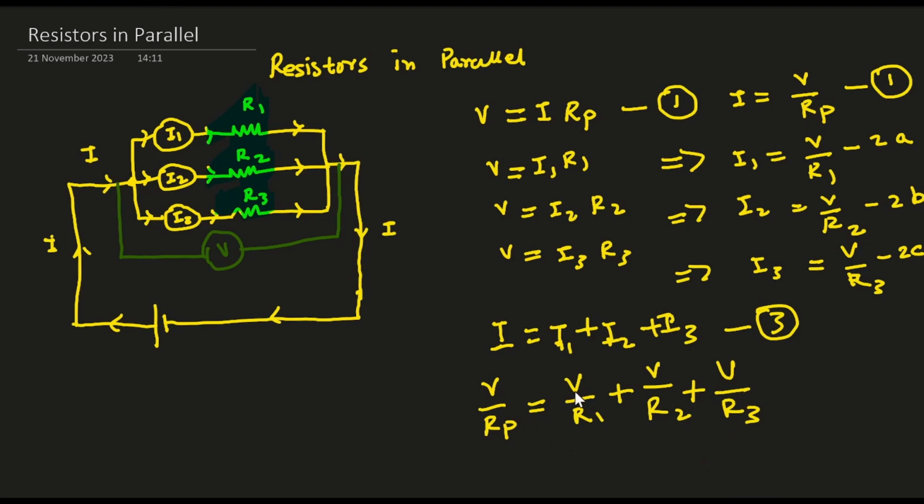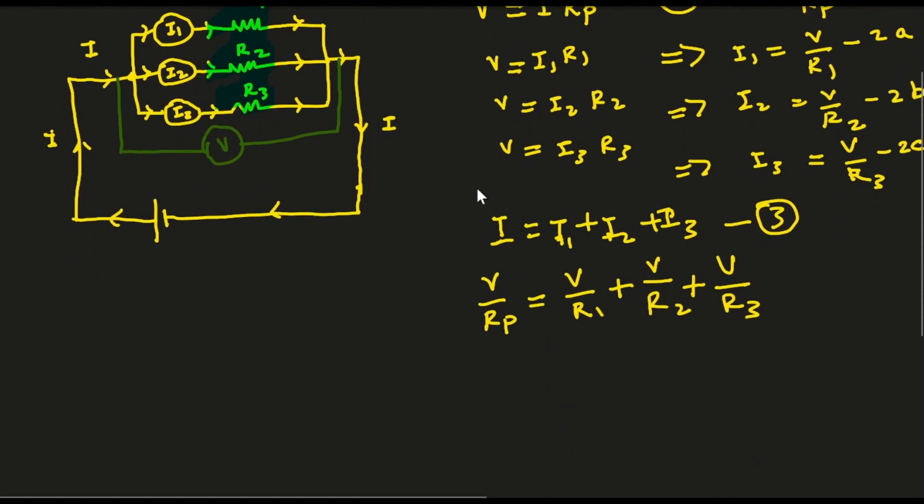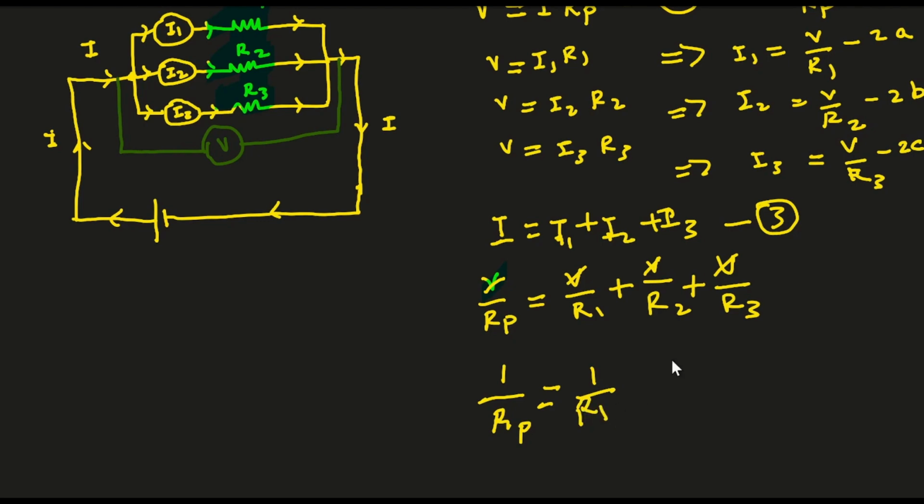Here V is common in all these terms, and therefore we can cancel out V. So what we get is 1 divided by Rp is equal to 1 divided by R1 plus 1 divided by R2 plus 1 divided by R3.